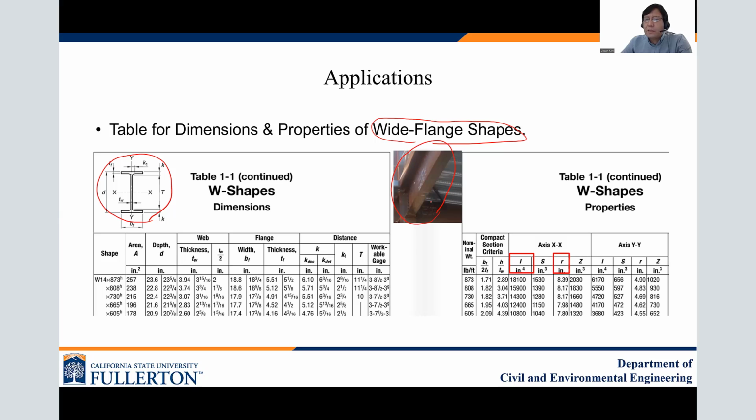You can find this kind of table in the design manual. The moment of inertia value I and the radius of gyration value r are given in this table for design purposes, so you can find the I and r values from the design table.